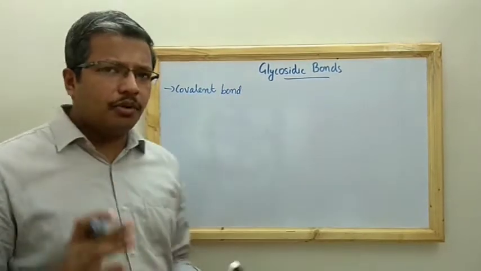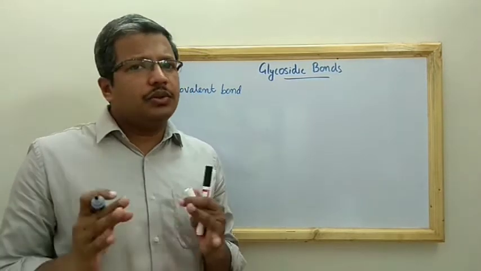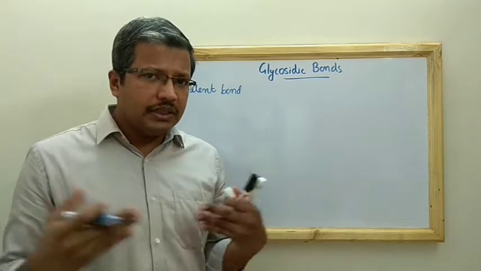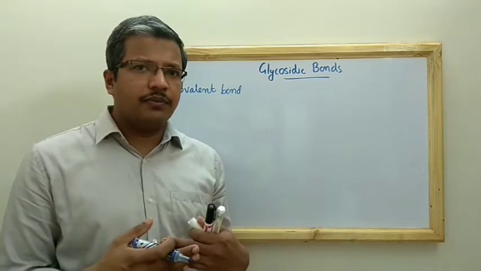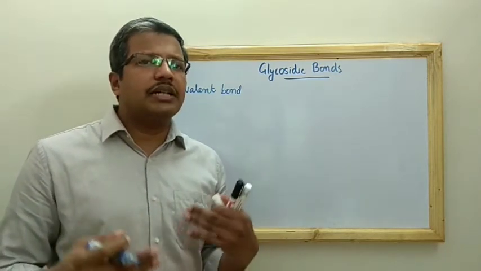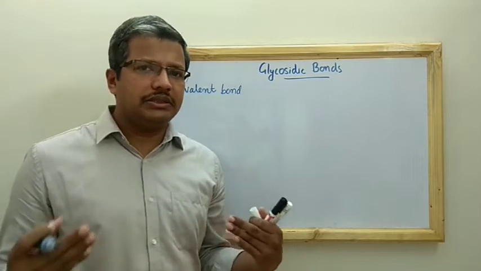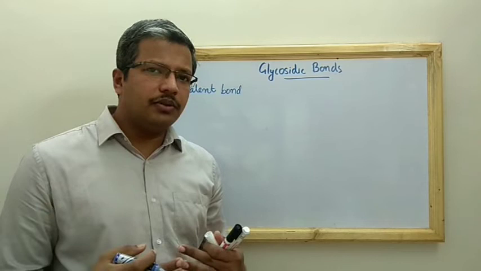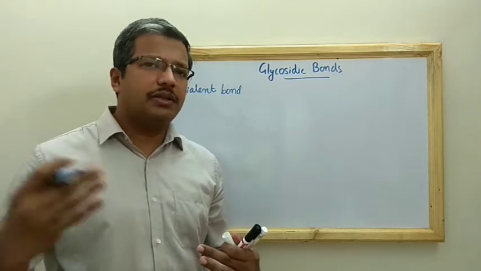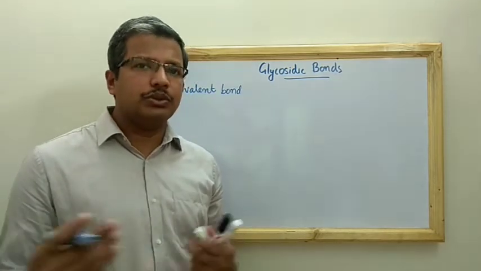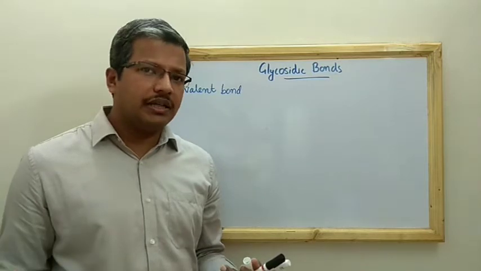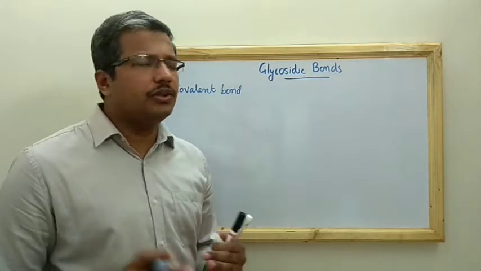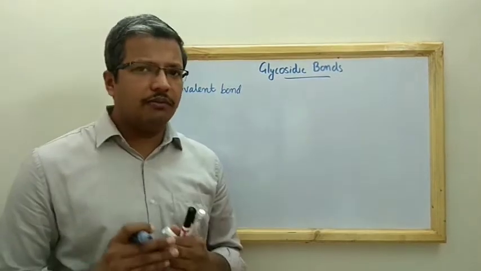It is the covalent bond which is utilized by carbohydrate molecules to link themselves to form polysaccharides or oligosaccharides, or to link with another molecule to form carbohydrate derivatives like glucosamine, nucleoside, etc. That covalent bond is known as the glycosidic bond.